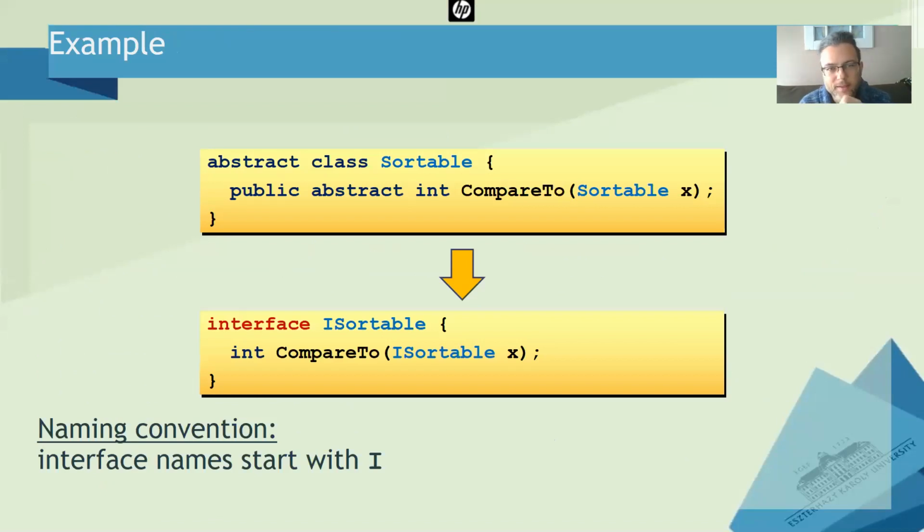This abstract class contains one abstract method. As you can see, this abstract method doesn't have a body. It doesn't have those brackets at the end. The method header ends with a semicolon, so the body is missing.